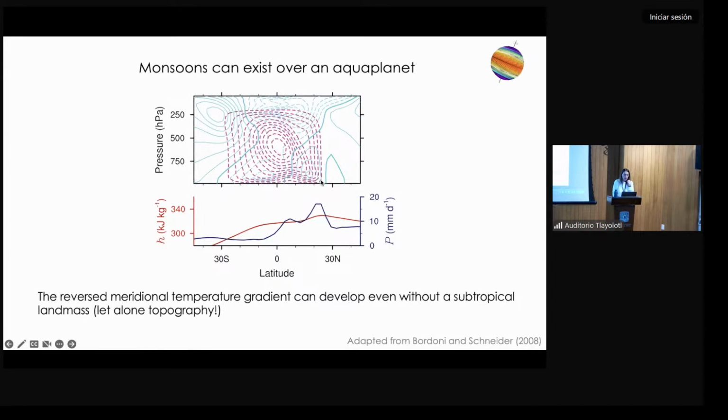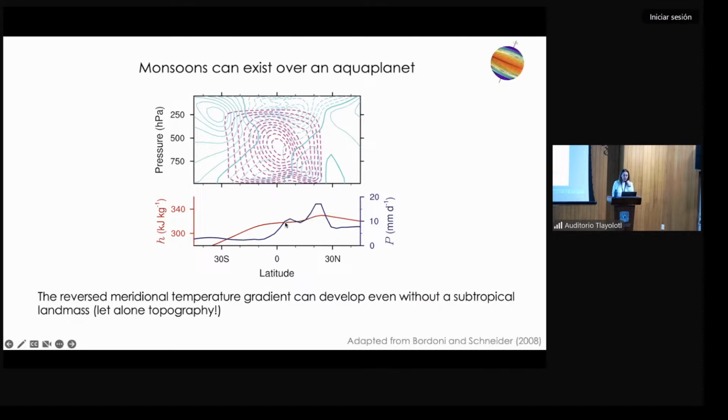And notice how the polar boundary of this circulation coincides with the subtropical maximum in the moist static energy in the boundary layer, shown by this red line, just equatorward of which maximum precipitation is found. Again, this is very much in agreement with the theoretical expectations built on much simpler models.